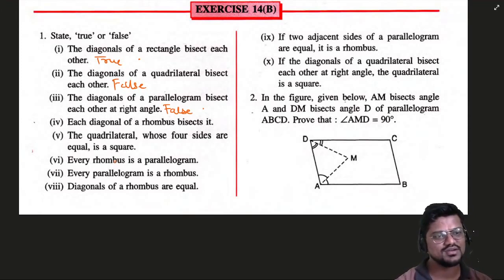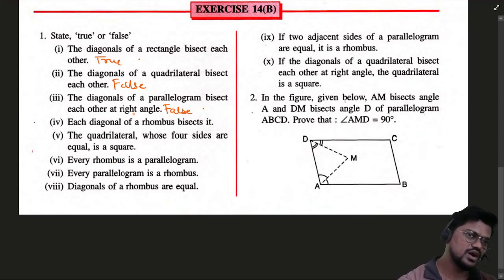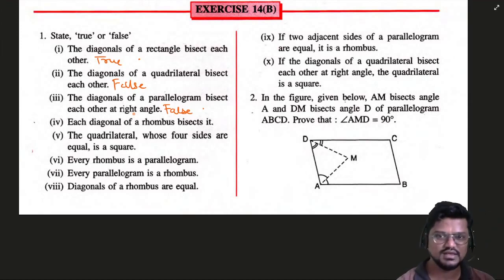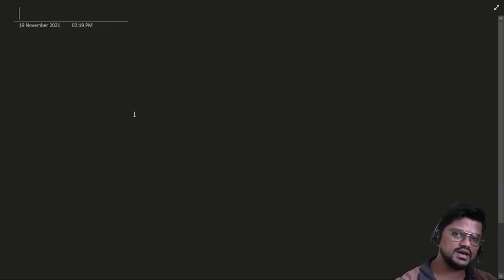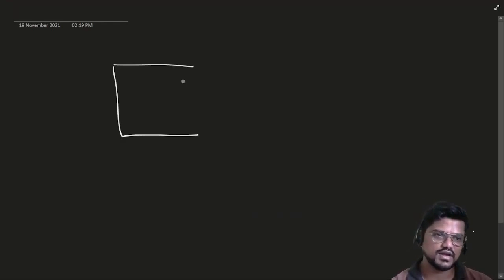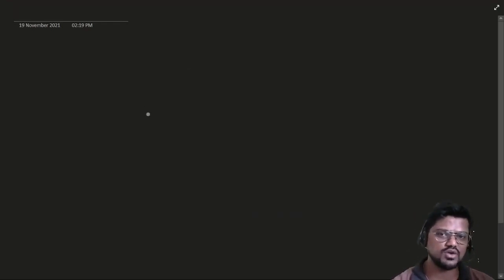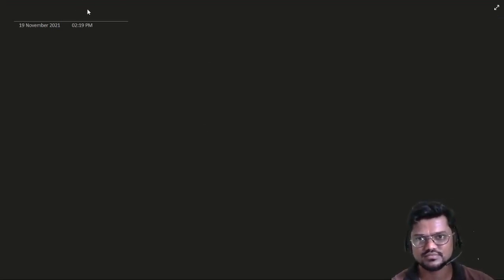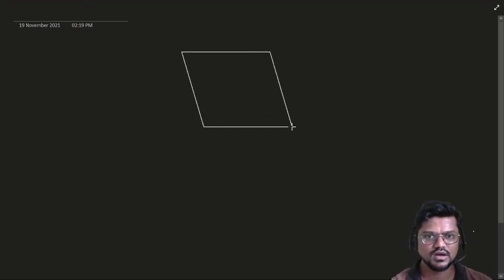Can you repeat once again? Sir, isosceles trapezium. How trapezium? An isosceles trapezium does not have any right angle. See, for the statement which I have told, all the sides are equal. Right? If all the sides are equal, it has to be a rhombus. If it is not 90 degrees, it has to be a rhombus like this.